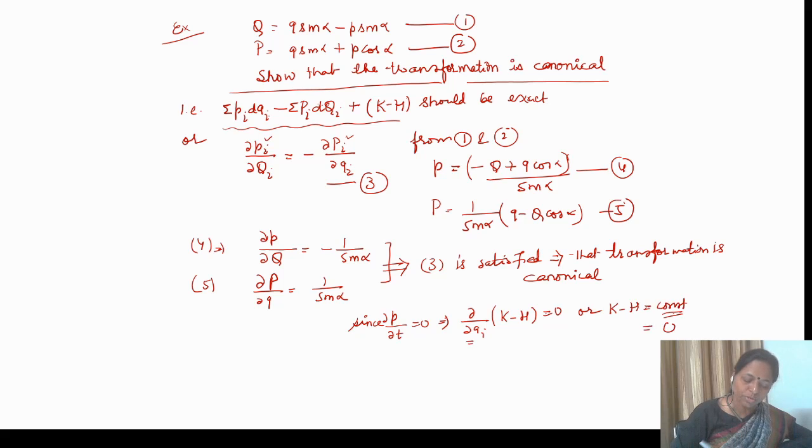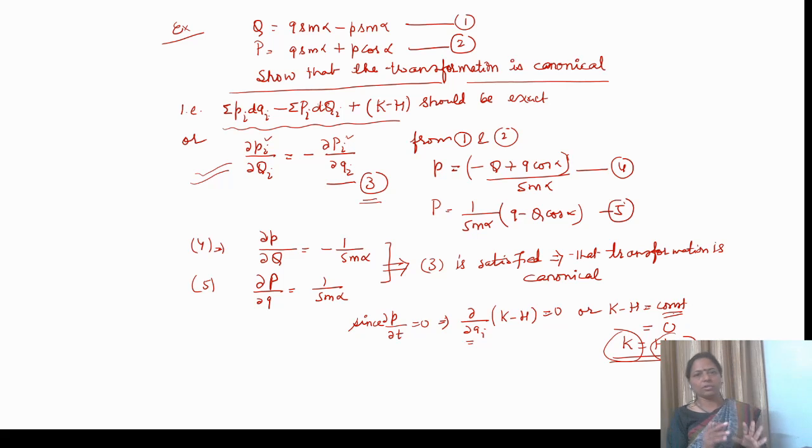I may assume this to be 0, and so K is equal to H. So in this way, whatever is your old Hamiltonian will be your new Hamiltonian, and because this condition is satisfied, I may say that the transformation is canonical.